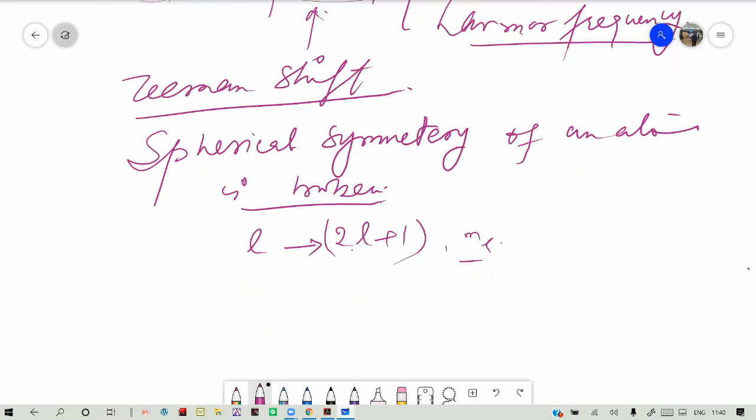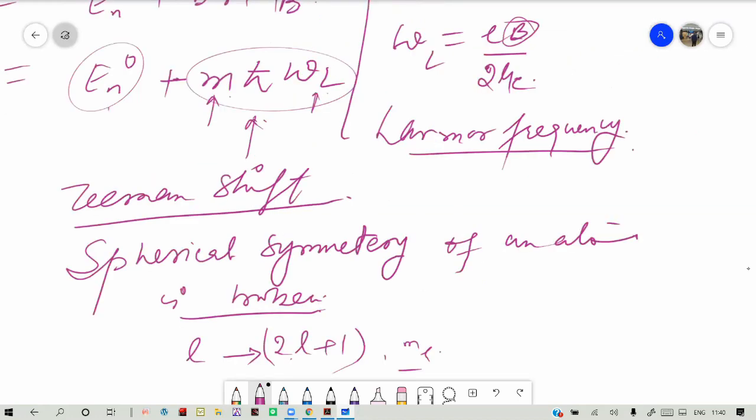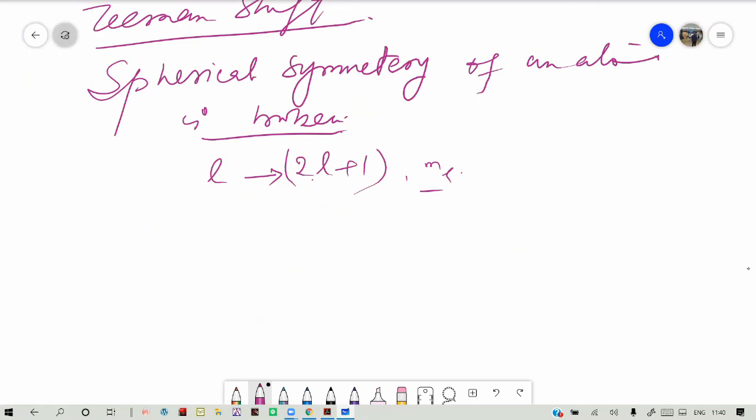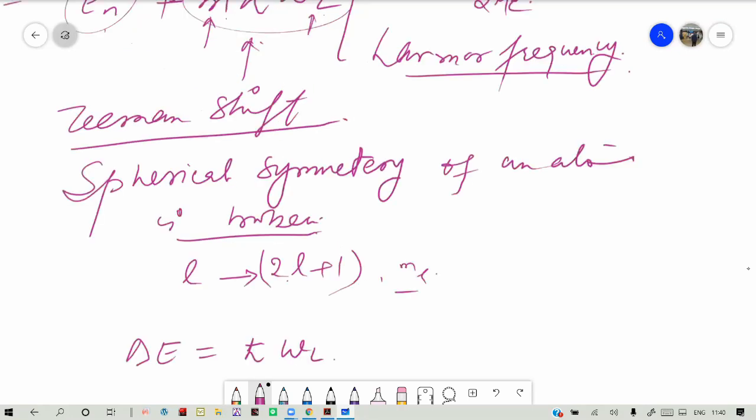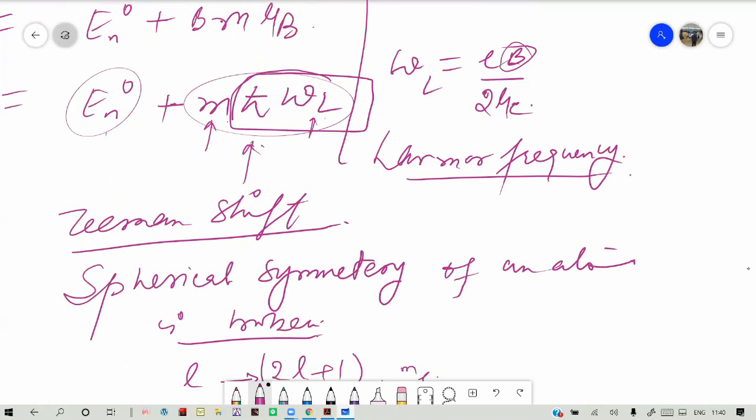So the shift in any level, the energy change delta E, is H cut omega L. This is the shift, H cut omega L. And M is an integer here, so it will shift those levels. And it is also equal to B mu B.